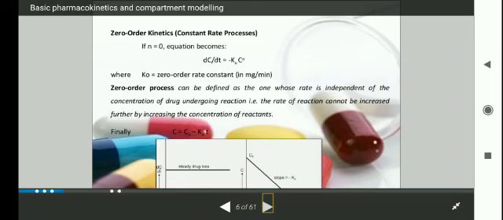So the rate of reaction will not have any influence on the concentration either by increasing or decreasing the reactants. The same you can see here. The zero order process is one whose rate is independent of the concentration of drug undergoing the reaction. That is, the rate of a reaction cannot be increased further by increasing the concentration. It is stable. Okay, that is steady state concentration.